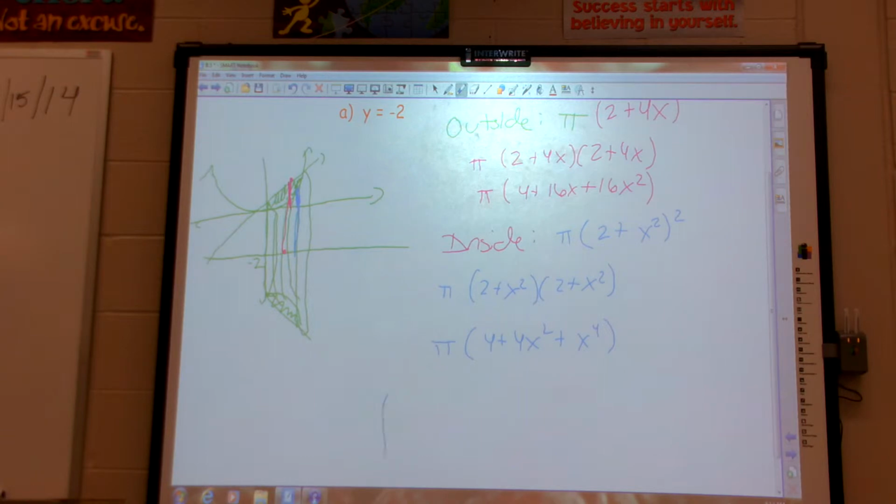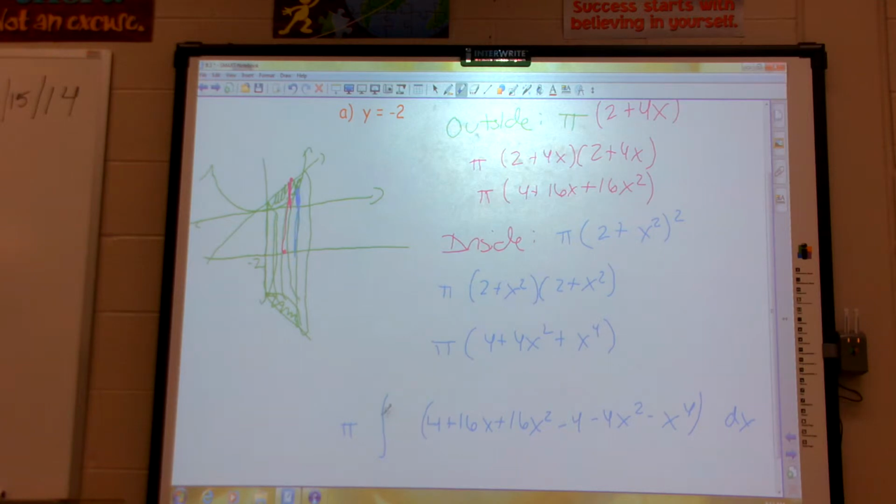So my integral, and pull out the pi, the outside was 4 plus 16x plus 16x squared minus the inside. I'm going to go ahead and distribute, if that's all right. So I have minus 4 minus 4x squared minus x to the 4th dx.